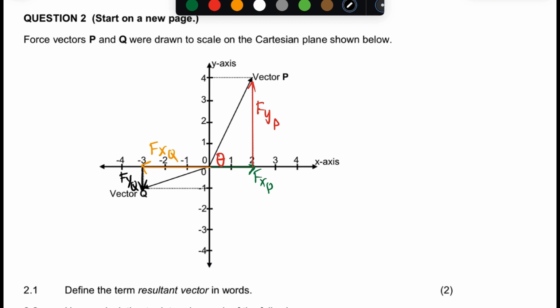Those are the components that we have. The component Fxq is 3 newtons to the left, and the vertical component is 1 newton downwards.